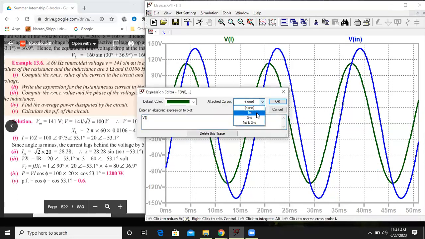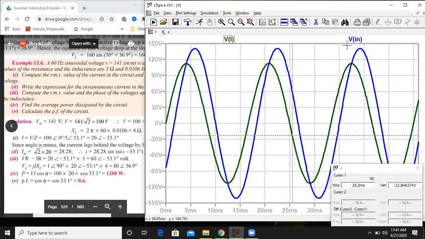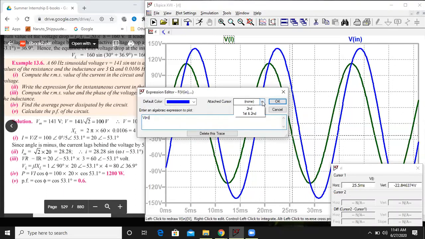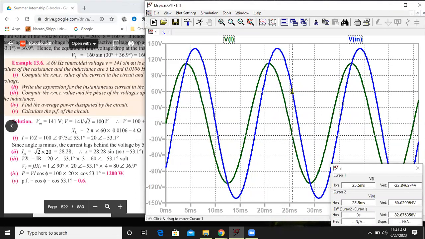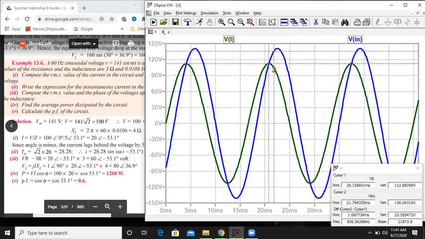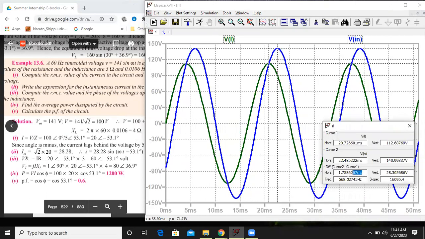Now let us quickly check the phase difference between the two. So I'll right click on this, click on the first cursor, and I'll right click on this and click on the second cursor. And again, I'll bring these two cursors to the maximum point. So here I brought it to the maximum, the second one also I brought to the maximum. So I'll immediately get a time difference.